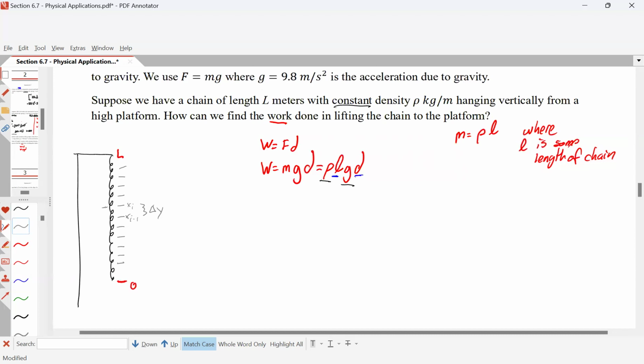And what we're looking at is how much work does it take to pull this bit of chain from xi minus 1 to xi up to the top. Or actually, these should be yi, since we're talking vertically. So we're in vertical world, we use y's.